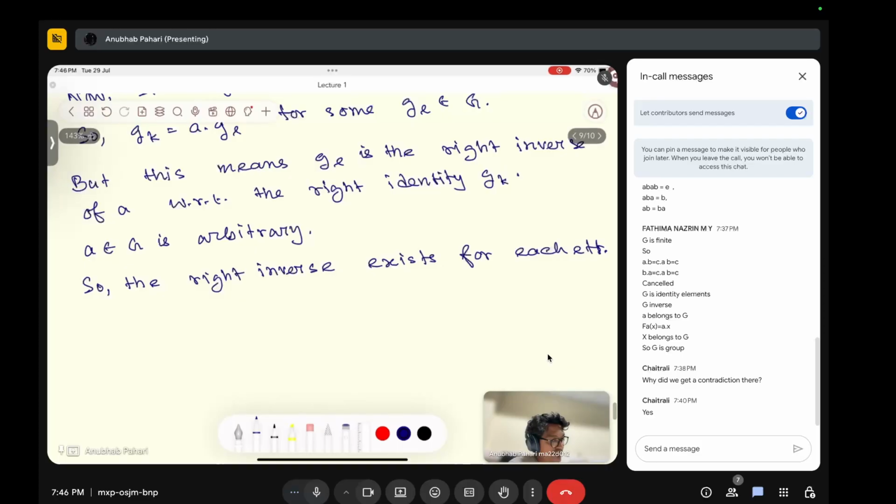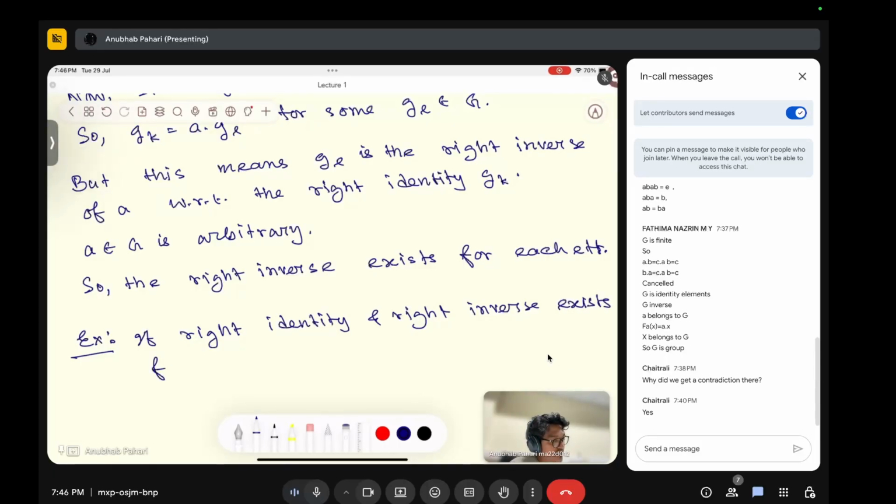And it is an exercise that if the right identity and right inverse exist for each element, then G is a group.